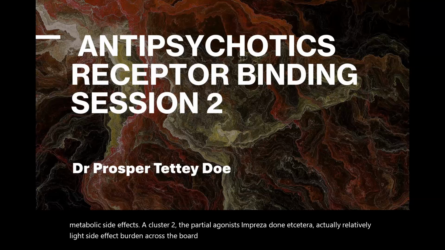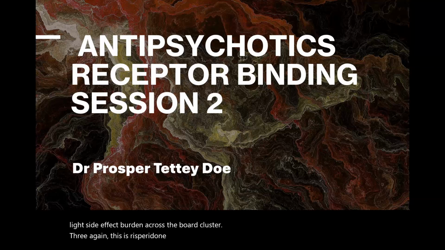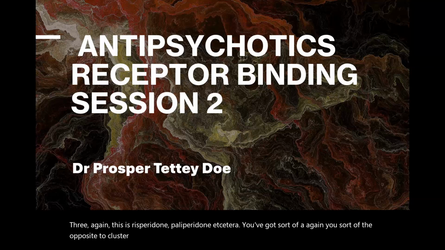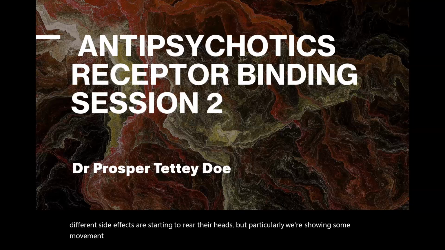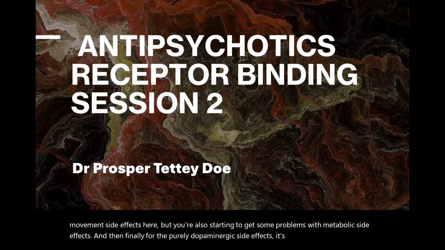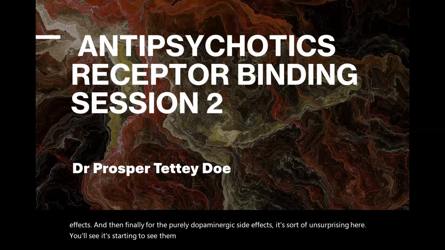Cluster 3, again, this is risperidone, haloperidol, etc. You've got sort of the opposite to cluster 2, where you've got a broad side effect profile where a lot of different side effects are starting to rear their heads. But particularly, we're showing some movement side effects here, but you're also starting to get some problems with metabolic side effects. And then finally, for the purely dopaminergic cluster, it's not unsurprising here, you're starting to see those squares really light up for movement side effects and raised prolactin as well.